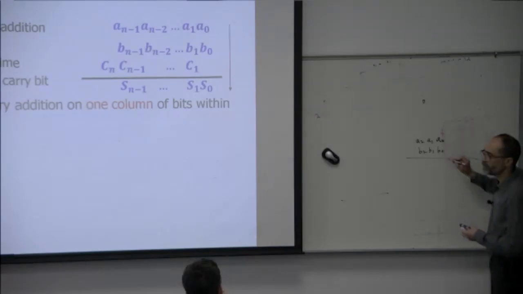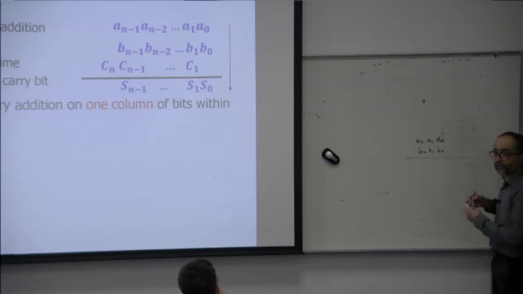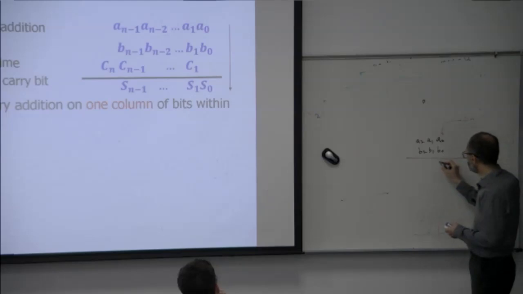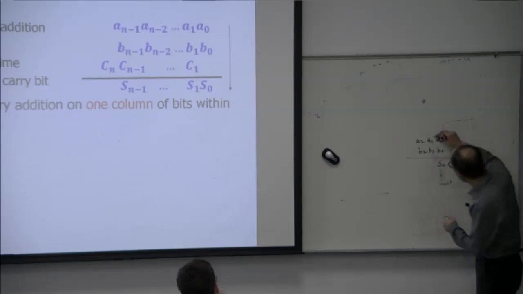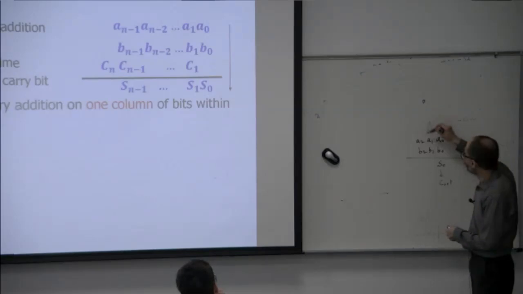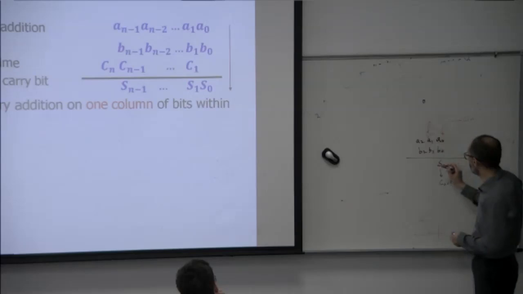So we add C in, A0 and B0, then it gives us S0 and some C out. This C out will become what? The C in for the next stage. Then we add C in, A1, B1, and we get S1.